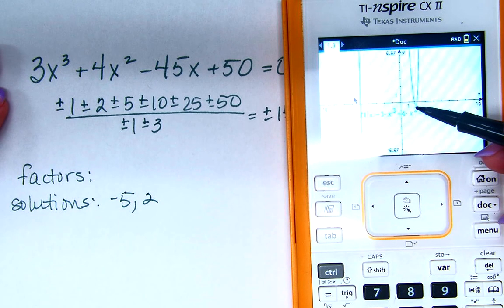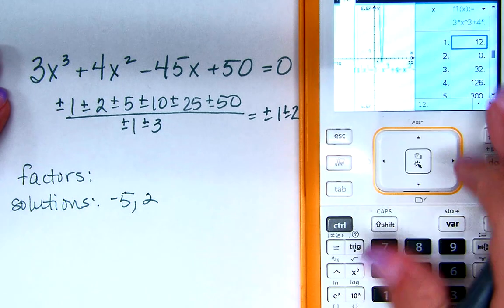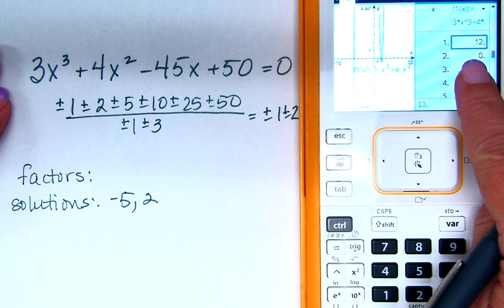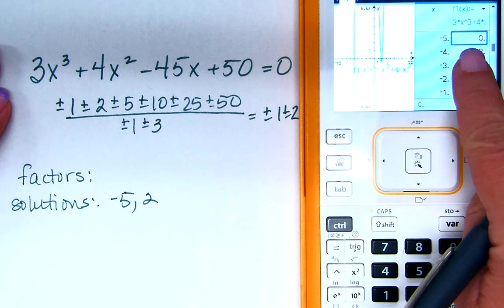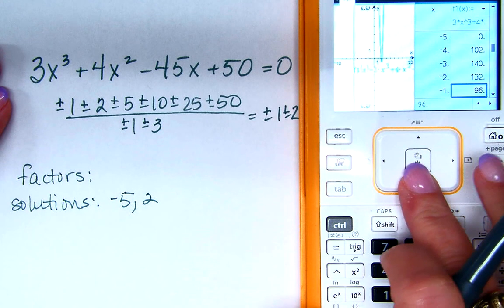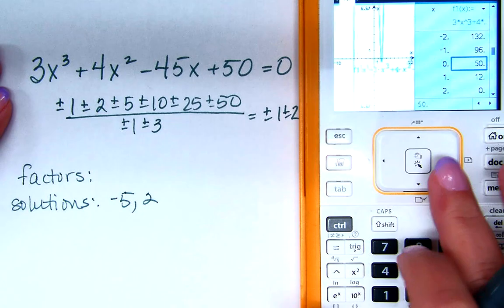I'm not really assuming where these two cross, because I can do Control T and look at my table and see that at 2, y is 0. So I know that's an x-intercept. I can see at -5, y is 0. I can't see the other one, and it's supposed to be around here somewhere, right?